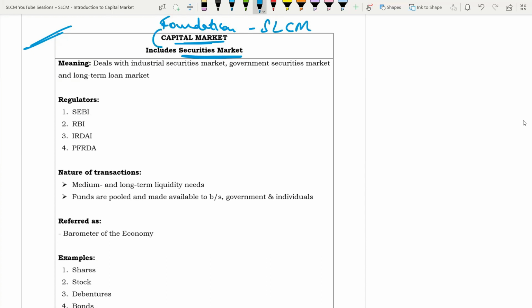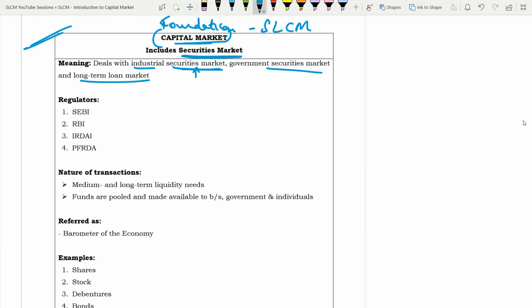All of us know the capital market is a part of the bigger financial market, and that market includes the securities market. It deals with the industrial securities market, government securities market, and long-term loan market. We will see the securities market in detail.